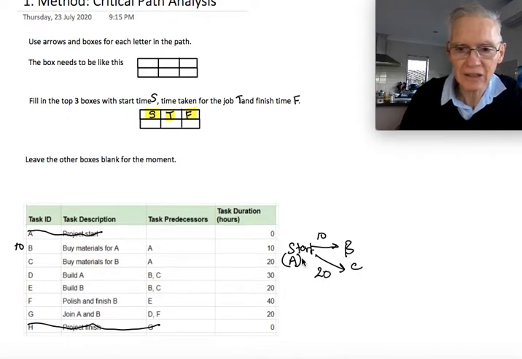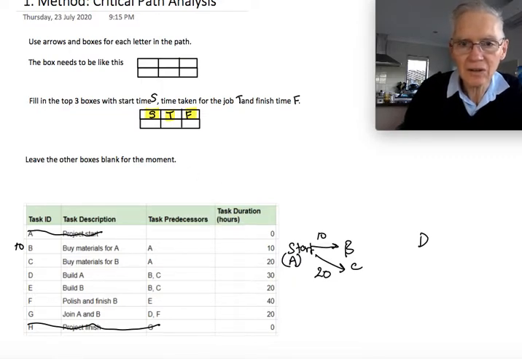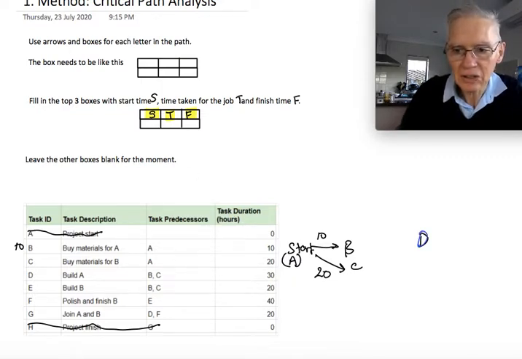Now, when you go to D, you have to finish B and C first. I'll change the colour of the pen there. When we're doing D, we have to finish B and C first before we can do D. So both of those go to D, and the same for E, we have to finish B and C. So it's important that we have arrows on both directions.